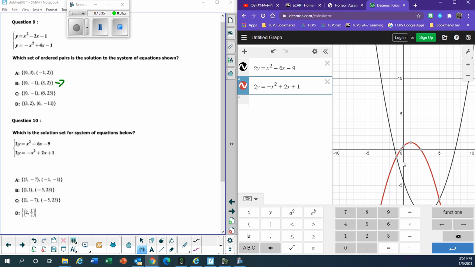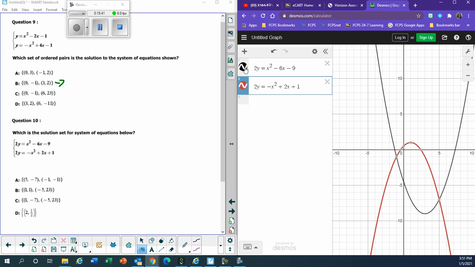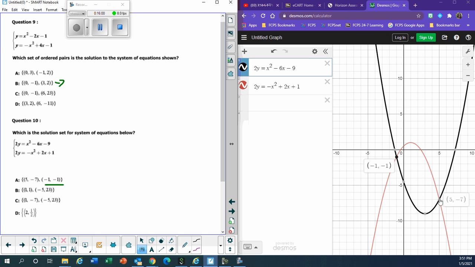So one solution is where the red and the black one intersect. I think if you want to change the color, you can, but I don't know. I guess before you draw it, you can pick the color. So the red and the black intersect at -1, -1. Do you see -1, -1? Okay. And then the other one is 5 and -7. And that's all you have to do.